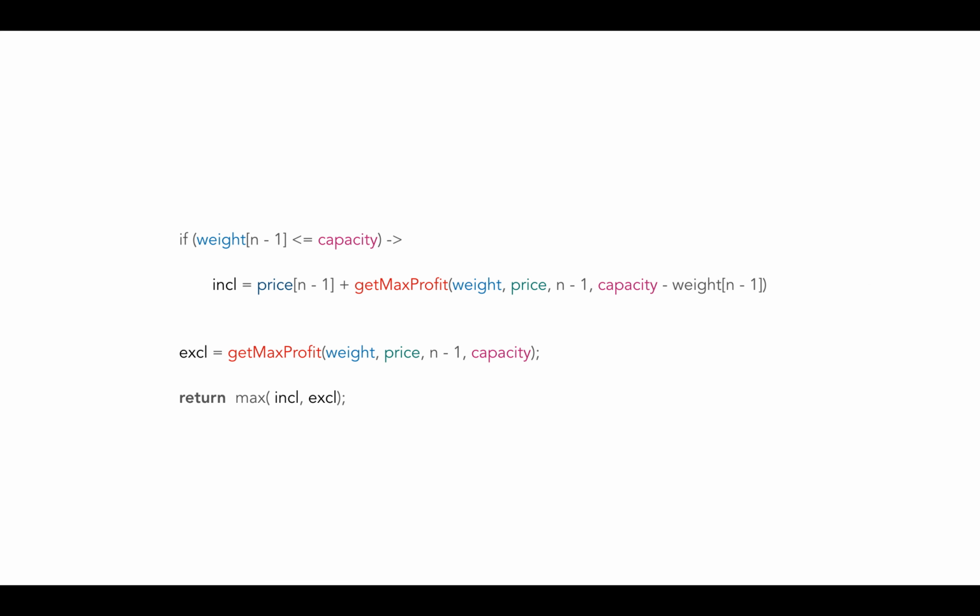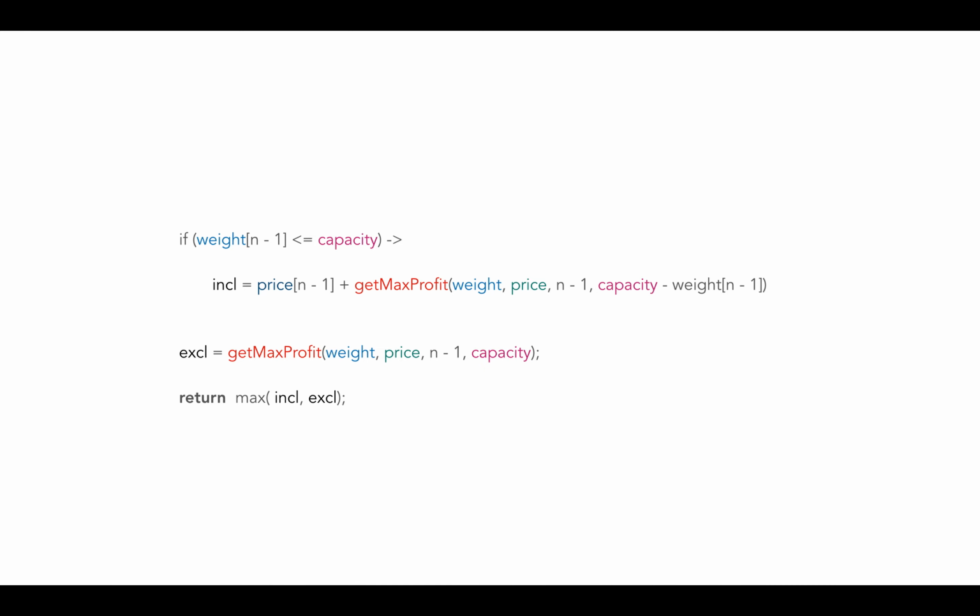So either we include the item or we exclude the item, right? So here see, if the weight of the current item is equal to or less than the capacity, then we can include it, right? So we are including the price of the current item and then we are recursively calling get max profit by eliminating the weight of the current item for the remaining items.